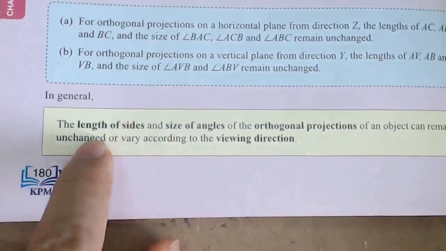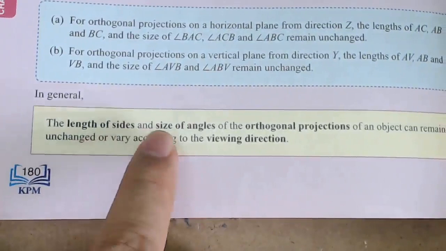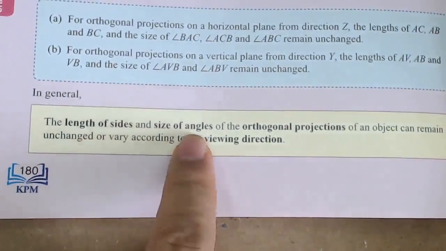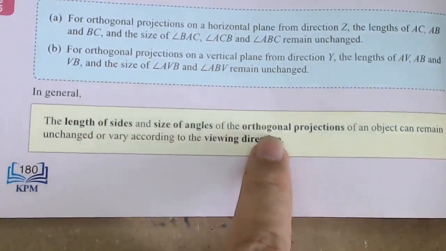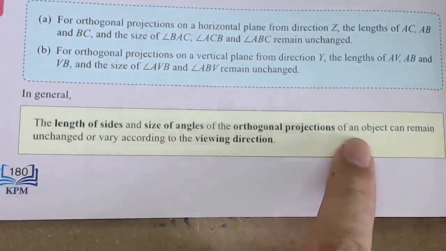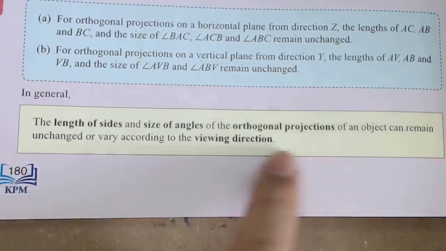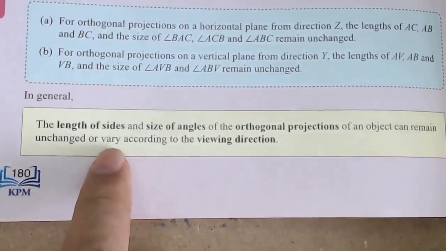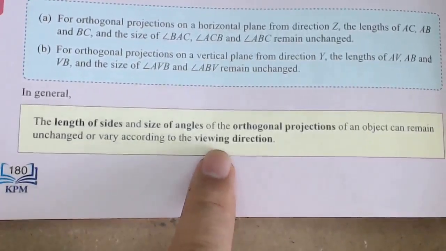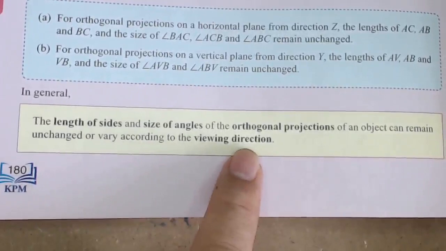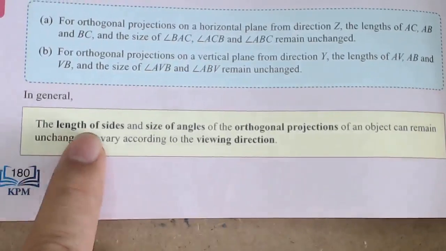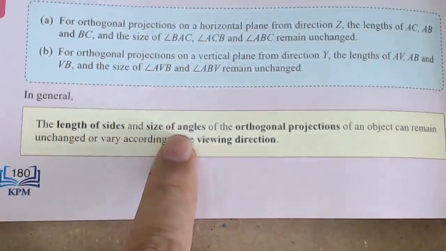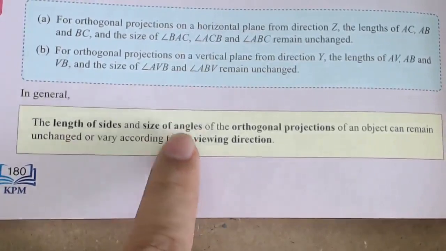In general, the length of sides and size of angles of the orthogonal projections of an object can remain unchanged or vary according to the viewing direction, the length of sides, and size of angle.